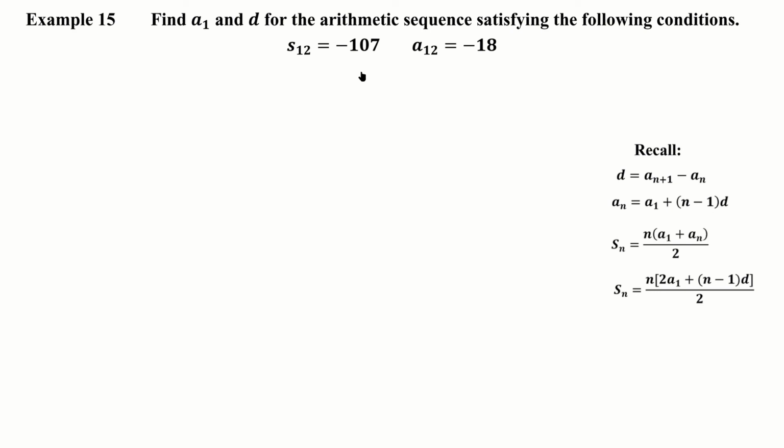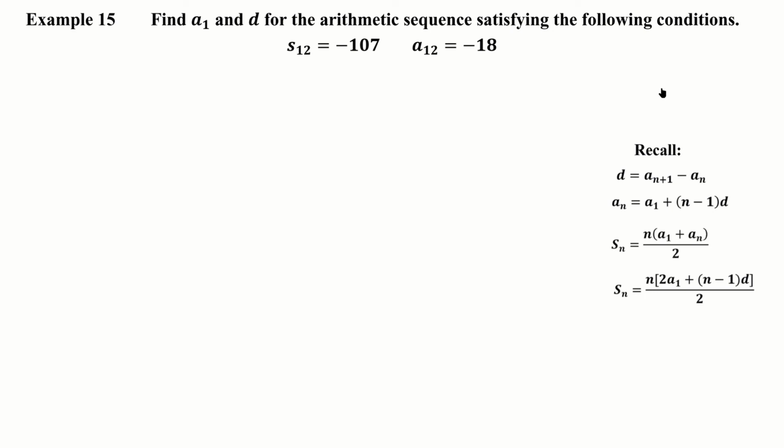All right, so I can see that this is a formula that involves Sn as well as An. And if I use this formula, given that I know n here is 12, I should be able to get A1, right? So let's try that.